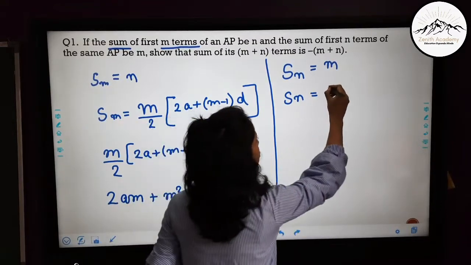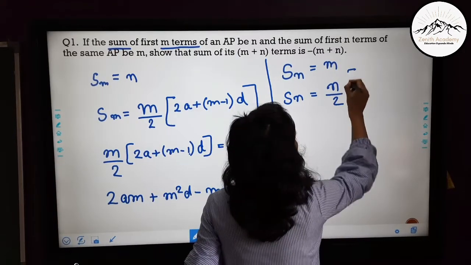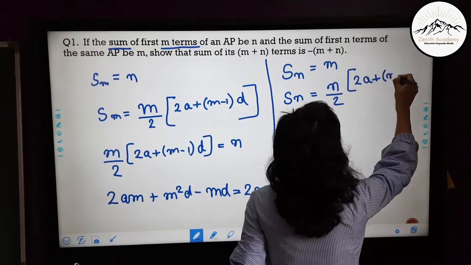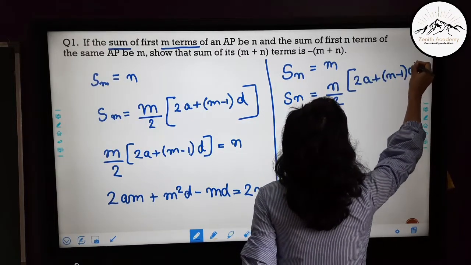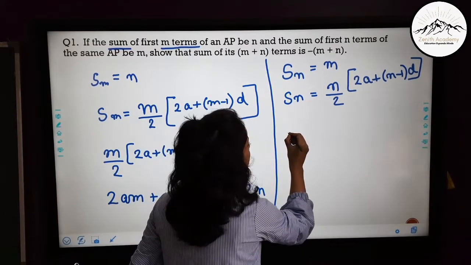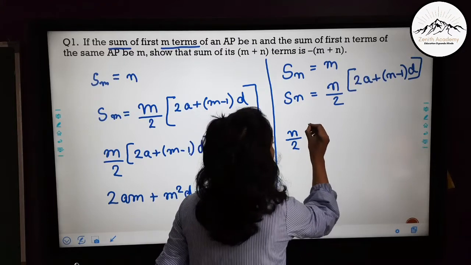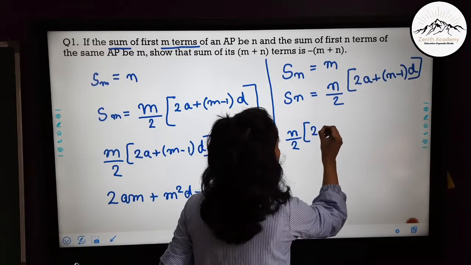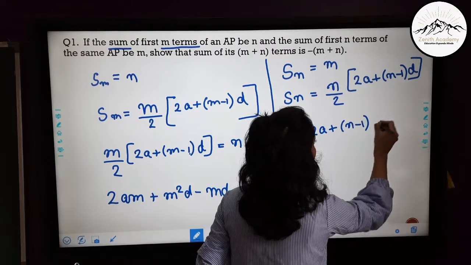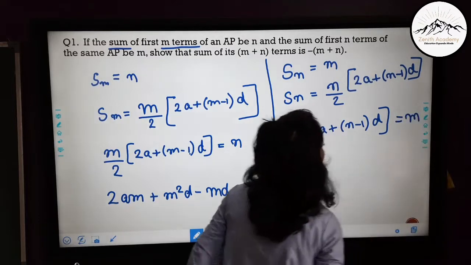Sn is equal to n by 2, 2a plus (n minus 1) into d. So this will be n by 2, 2a plus (n minus 1) into d is equal to m.